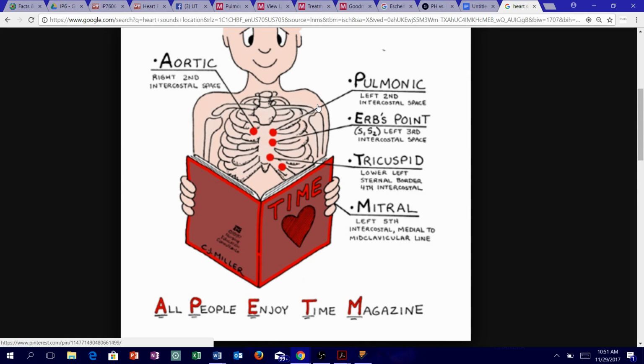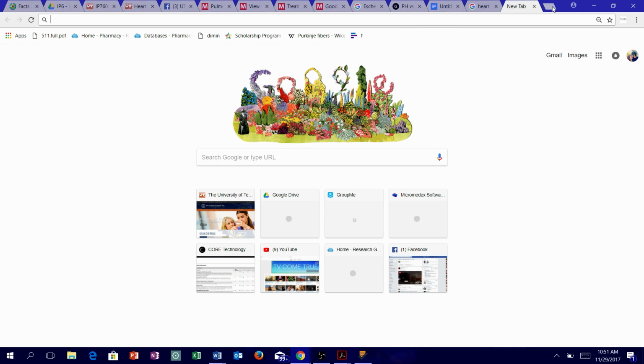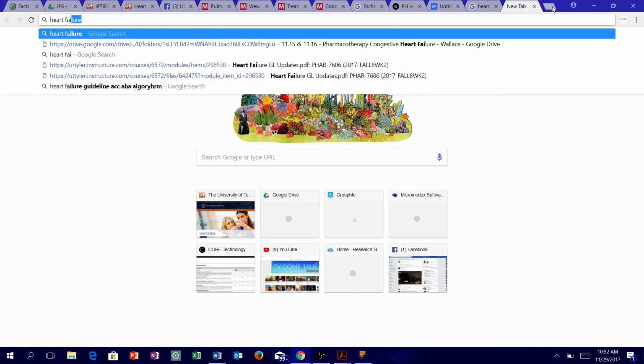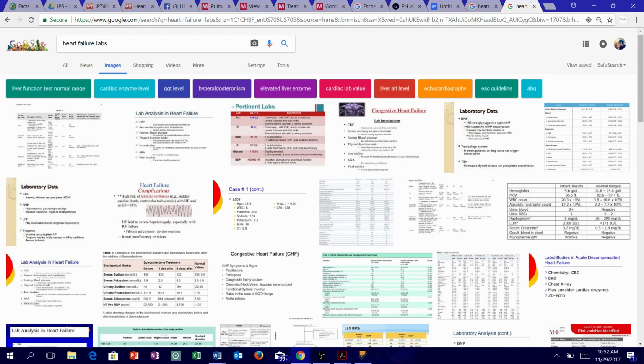Follow-up labs and vitals need to be considered. Serum creatinine, potassium, magnesium.